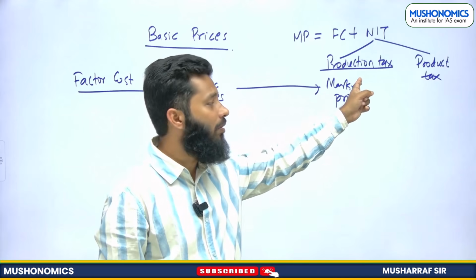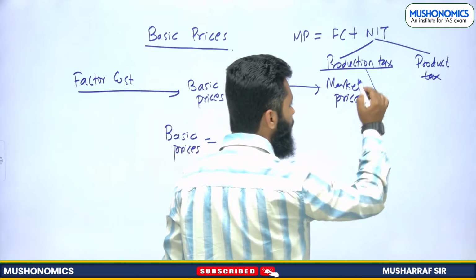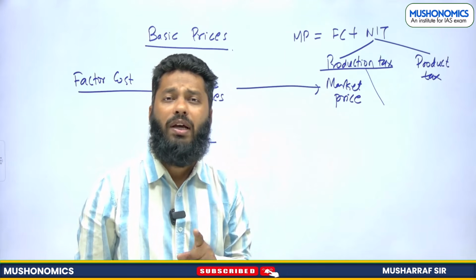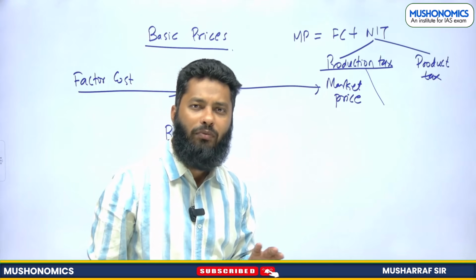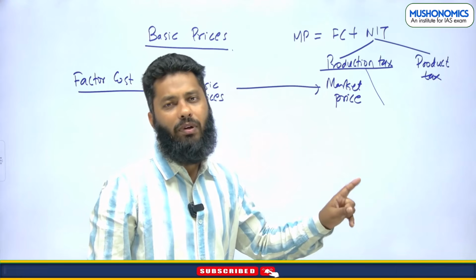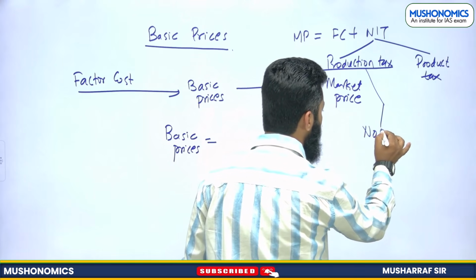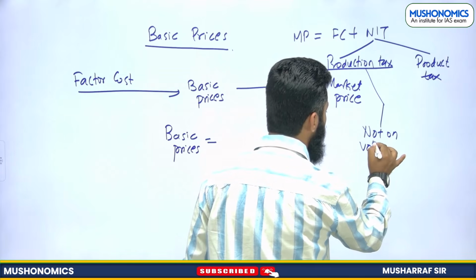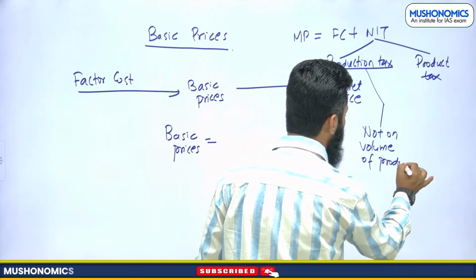So this is not related to the volume of production, rather it is only associated with the production activity. No matter what kind of production you have done, you have to pay this much tax. So we can write: not on volume of production, but associated with production activity, right?